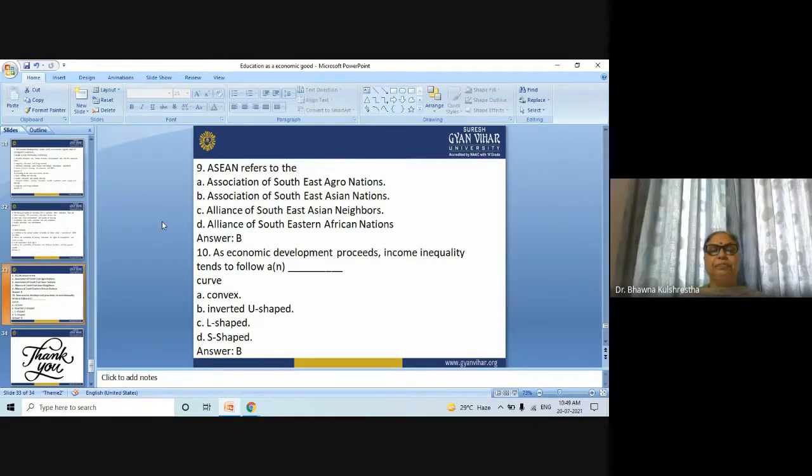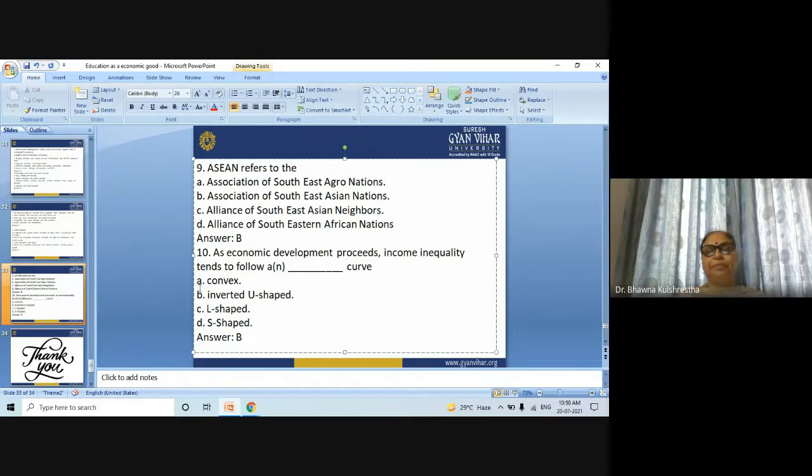And the last question is, as economic development proceeds, income inequality tends to follow a curve that is convex, inverted U shaped, L shaped, or S shaped.